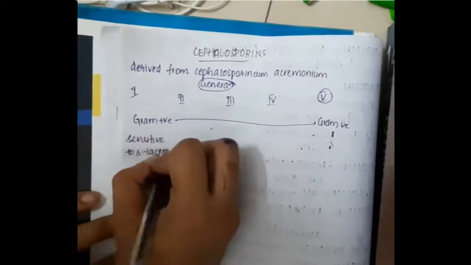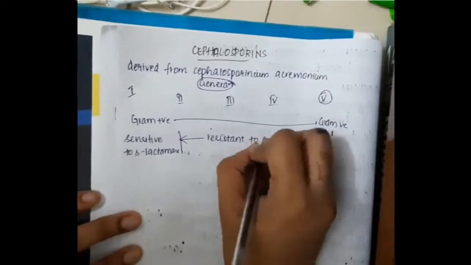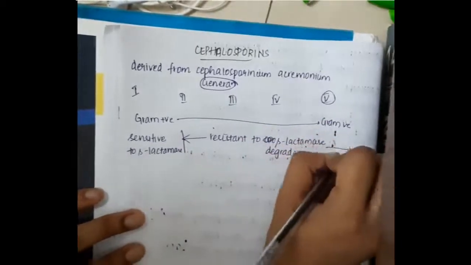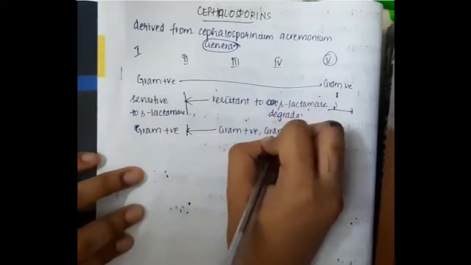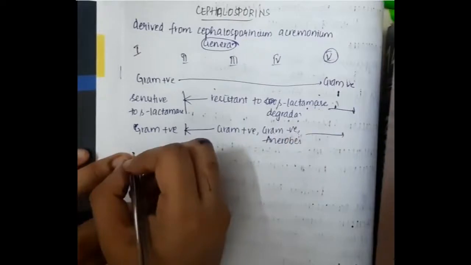Regarding sensitivity to beta lactamases, the second to fifth generations are resistant to beta lactamase degradation, whereas the first generation is sensitive to beta lactamase degradation. The first generation is active against gram positive agents, whereas the second, third, fourth and fifth generations are active against gram positive, gram negative and anaerobes.